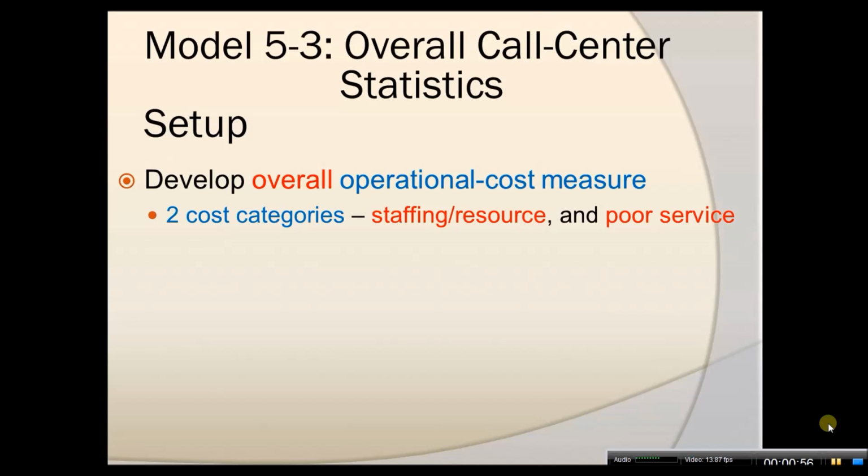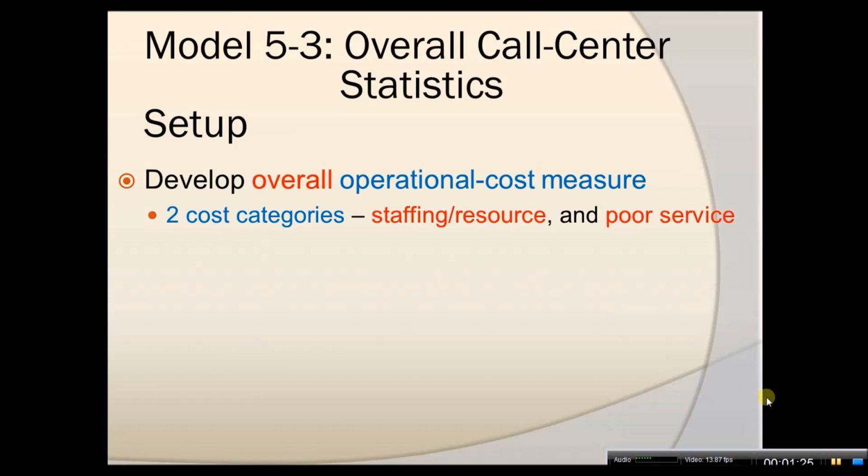So we're going to consider staffing and resource cost versus cost of poor service. Of course, if we increase the number of resources available and staffing, we could improve the service, but we also want to take into account the costs of the staffing and resources versus the poor service costs.